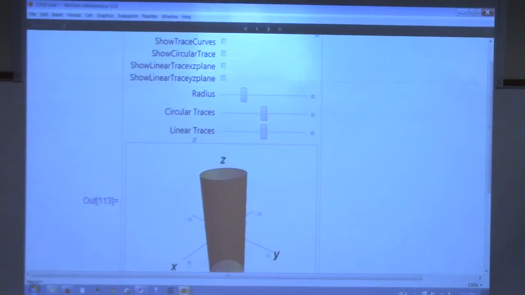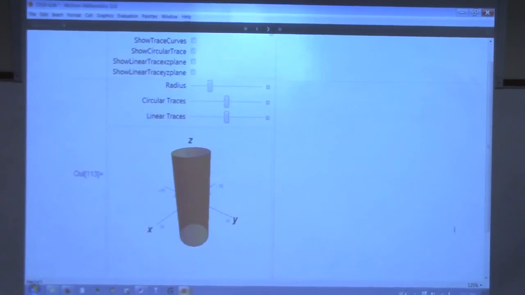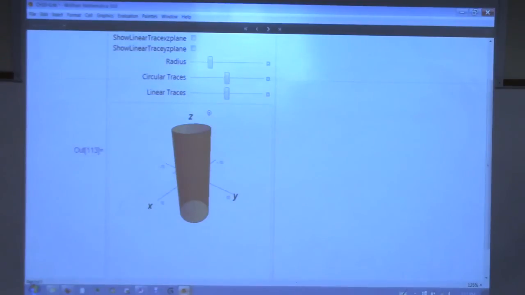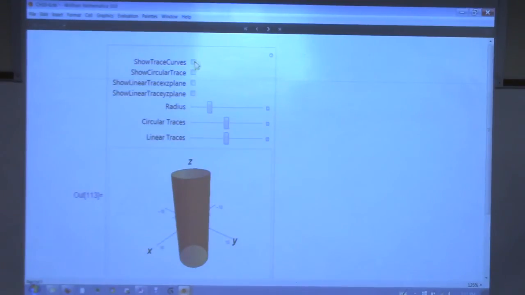So this is kind of cool how this traces thing works. I only say it's cool because it took me forever to write the program to make it do this, so it's worth us looking at. All right, so show trace curves. And where are my planes? There they are.